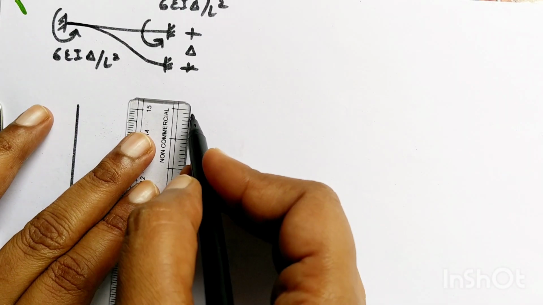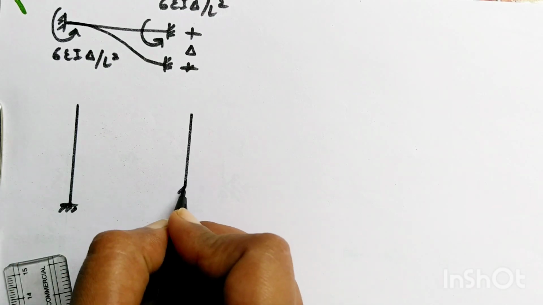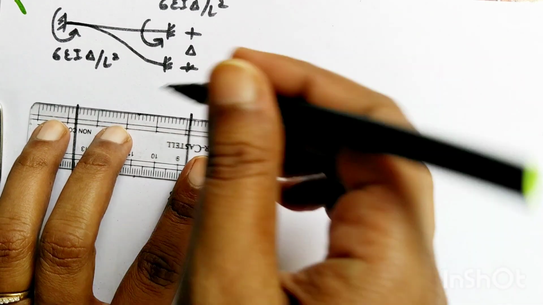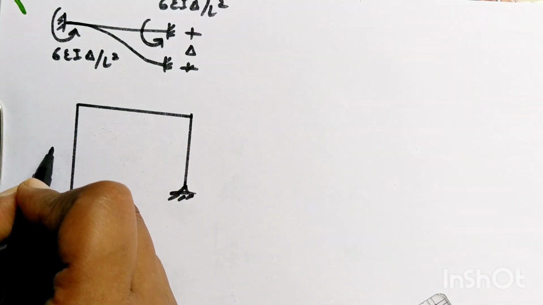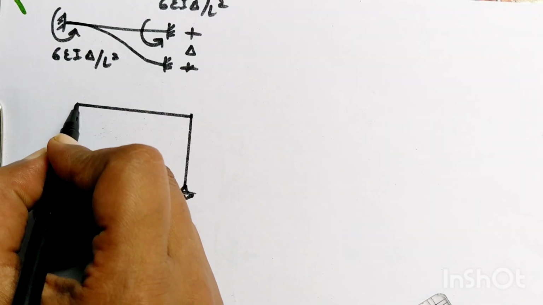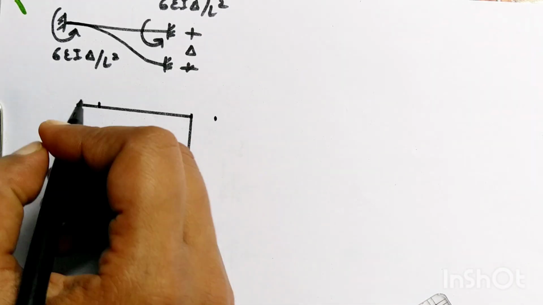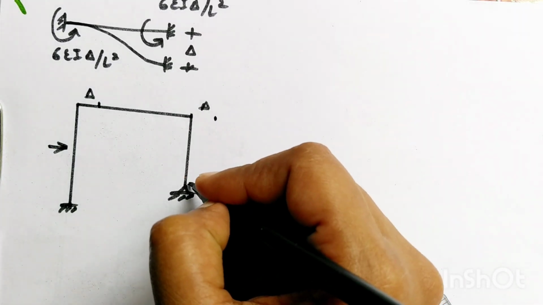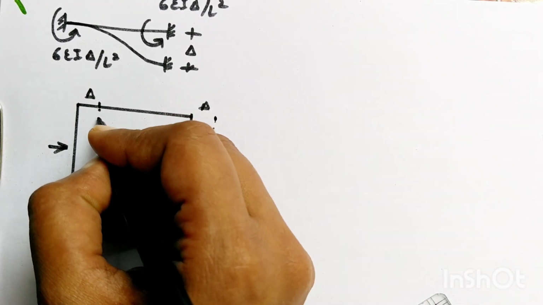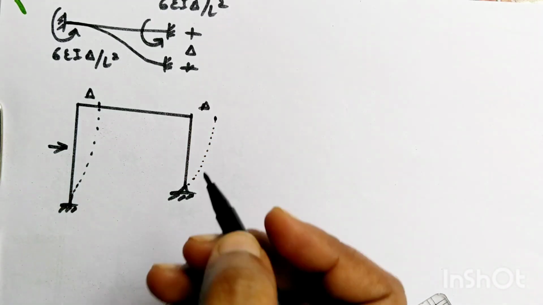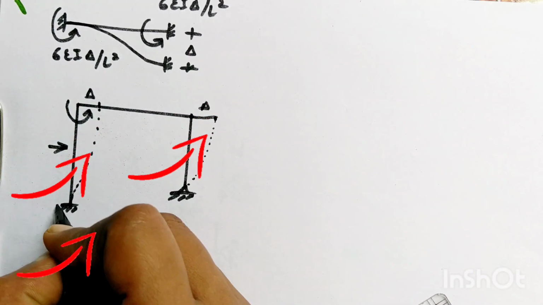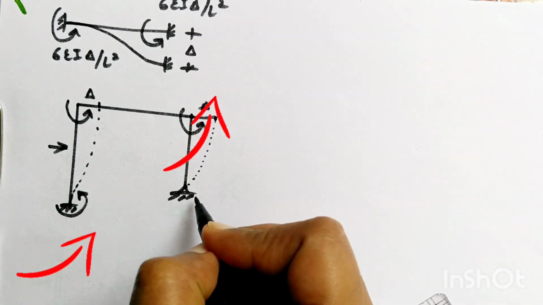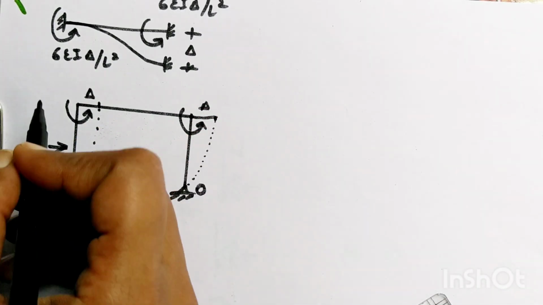Now let's understand by making the frame. This is our frame which we are analyzing. This is the story. The sway force which is coming onto the frame is happening in this way. So this member will shift here and this member will shift here. But since this is a rigid joint, members will form in such a manner that there is a moment generated onto the structure, same as the beam.